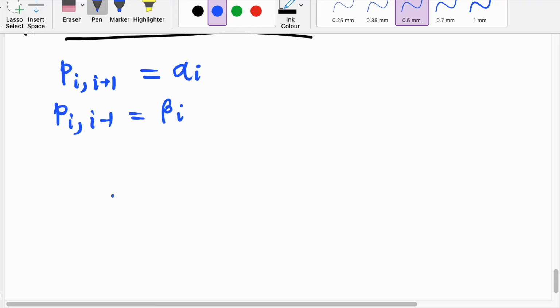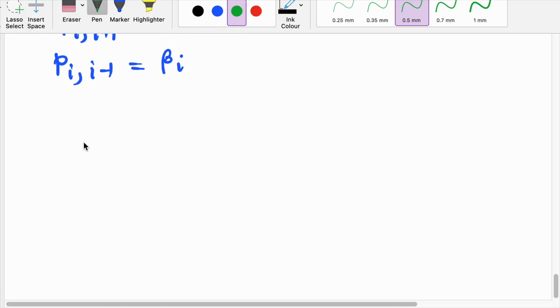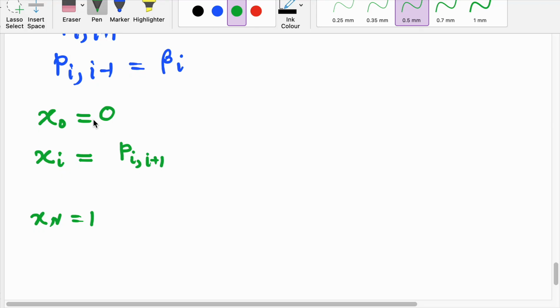Now let us write the same equation. The equation will remain the same. The x0 will remain 0, and xn should remain 1, and xi will now become, what should it become? So A could go from I to I plus 1 state. That means what will be the probability?